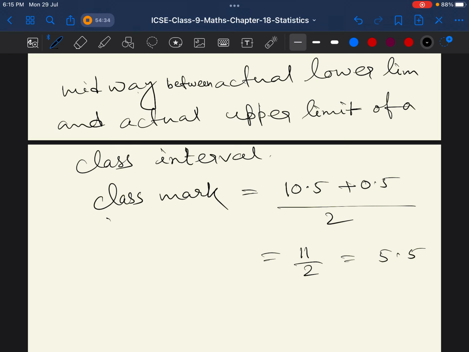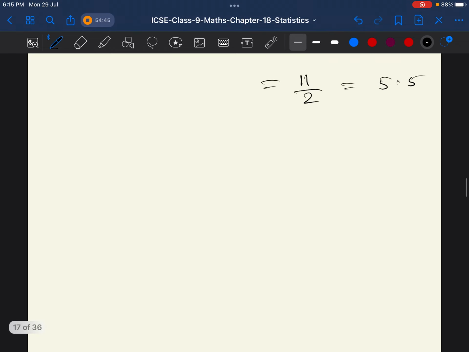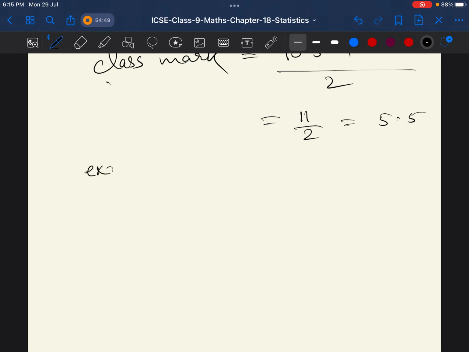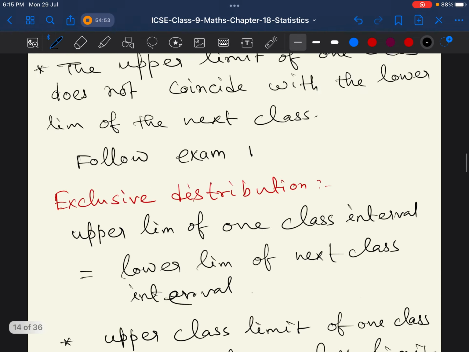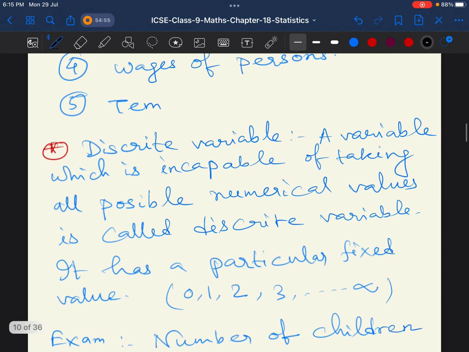Now we will learn about cumulative frequency. So what is cumulative frequency and a cumulative frequency table? See example 2, that is an exclusive distribution.